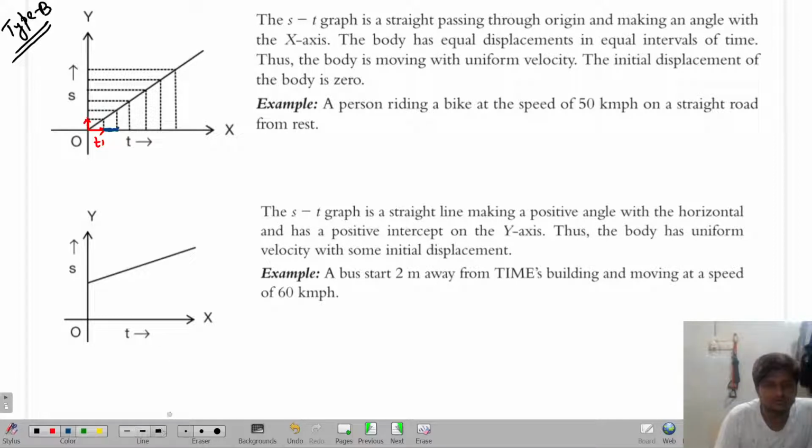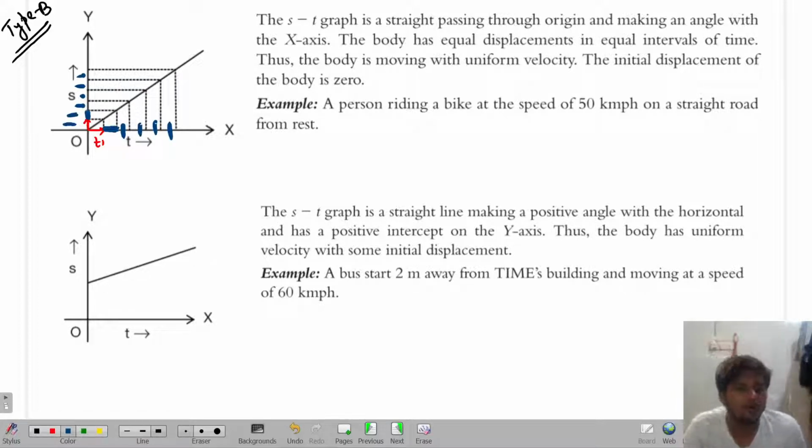I'm going to make it dark. So from here to here, this gap of the time axis, the distances are also the same, this distance and this distance are both the same. Here also this distance is the same, and the time gaps are similar.